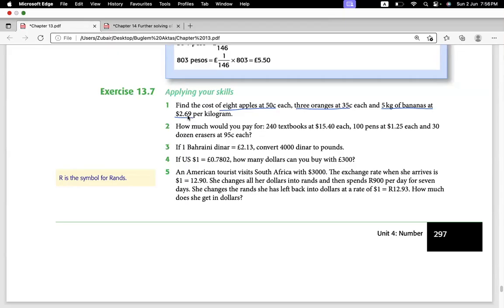The total cost. No, I have 400 and I have 105.